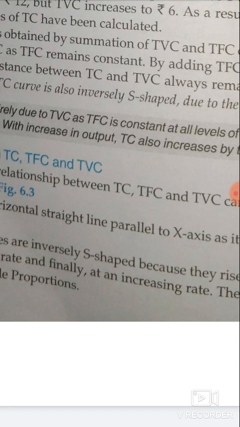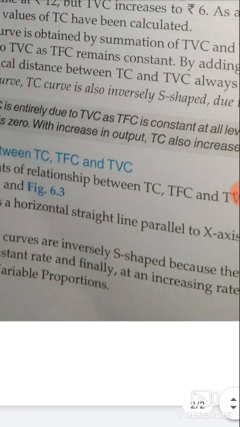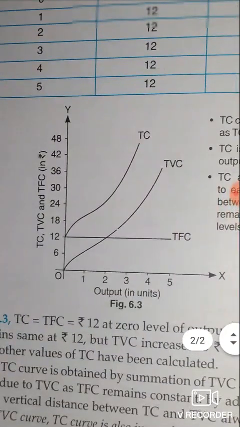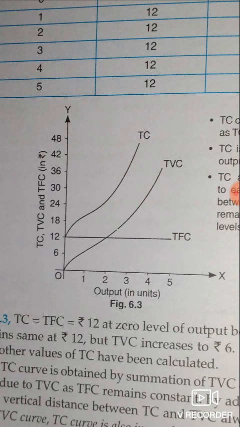At the 0 level of output, TC and TFC are equal, but TVC is 0. Second, the vertical distance between TC and TVC always remains equal, or we can say TC and TVC move parallel, because the distance between them is 12, that is TFC.